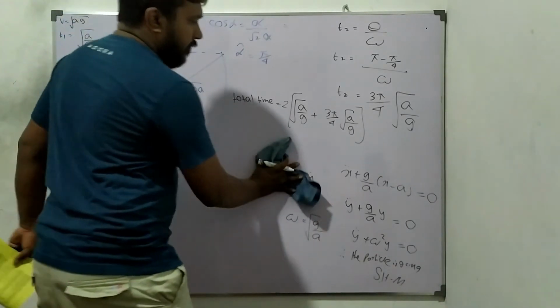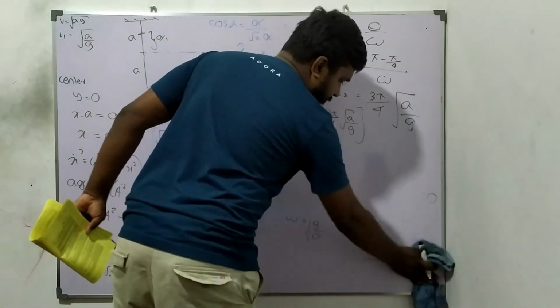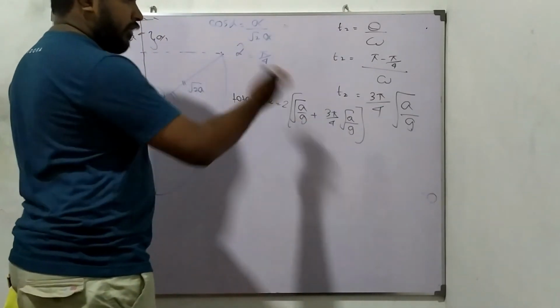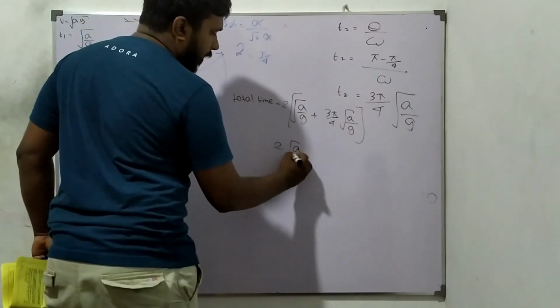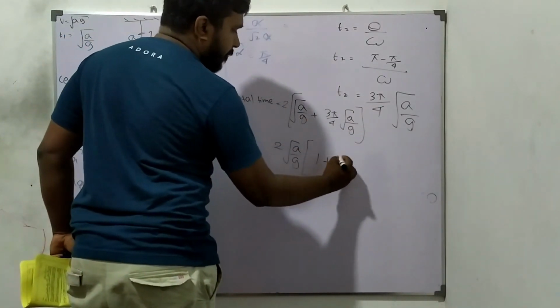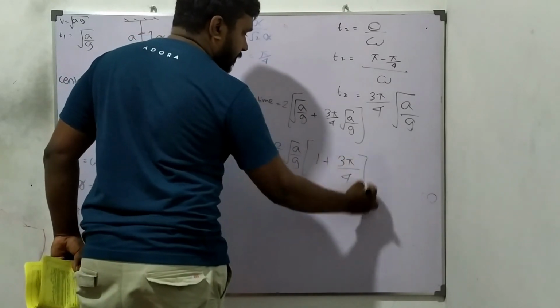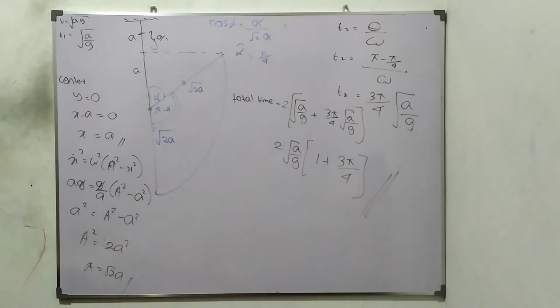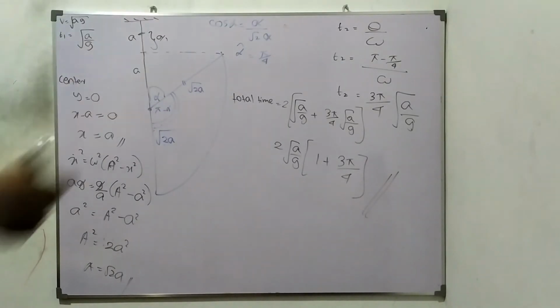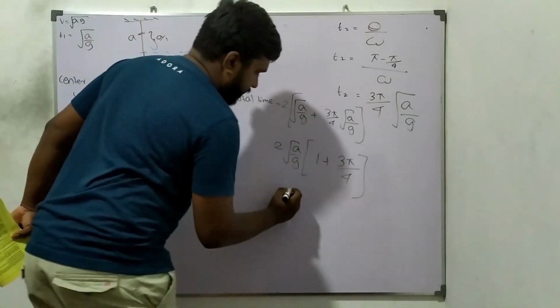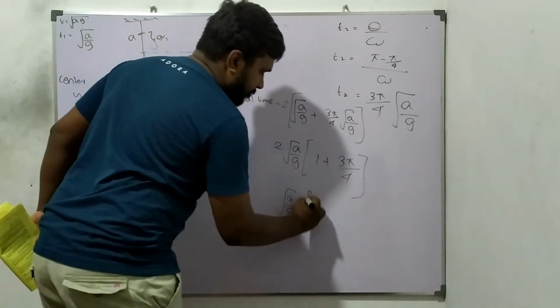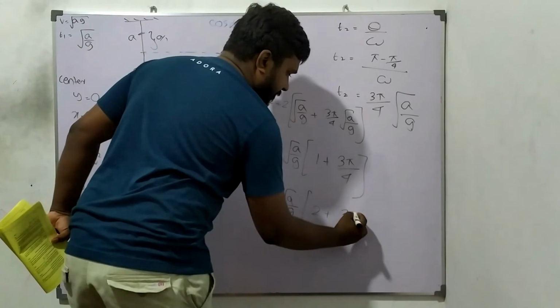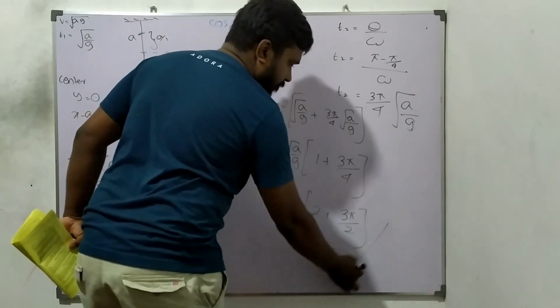So the final time will be, taking root a over g out, 2 times (1 plus 3 pi over 4). So putting it into the bracket, it's root a over g times (2 plus 3 pi over 2).